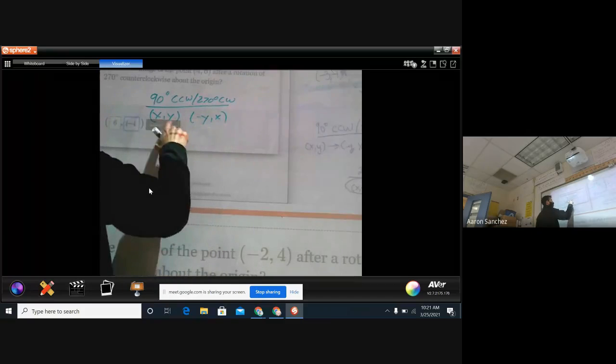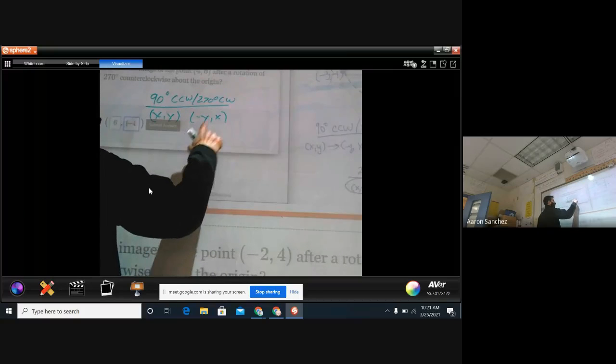So this one means the sign changes for the y, the x stays the same, but you flip them.